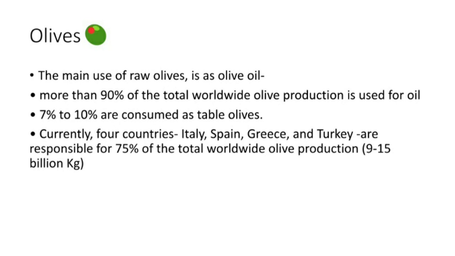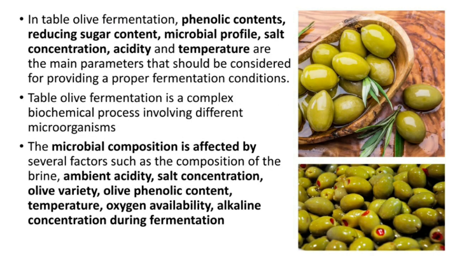9 to 5 billion kilograms. In table olive fermentation, phenolic content, reducing sugar content, microbial profile, salt concentration, acidity, and temperature are the main parameters that should be considered for providing proper fermentation conditions.